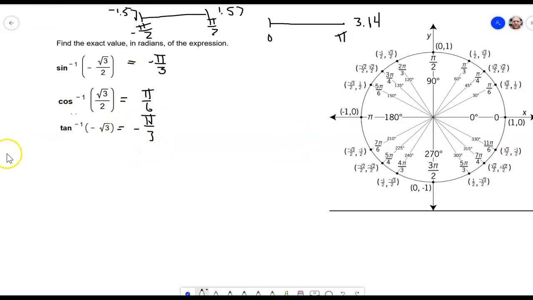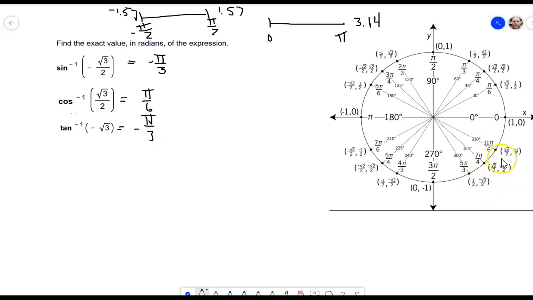The little bit harder route is, since we know it's one of these two, and we know that tangent is the sine over cosine, what we could also do is write this. So it's either going to be negative 1/2 over the square root of 3 over 2, or it's going to be the negative square root of 3 over 2 over 1/2.